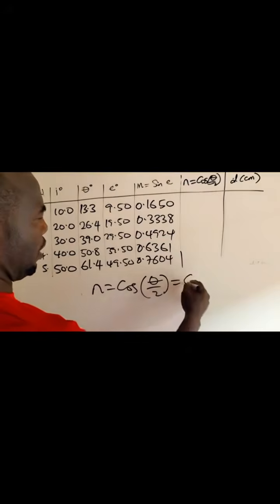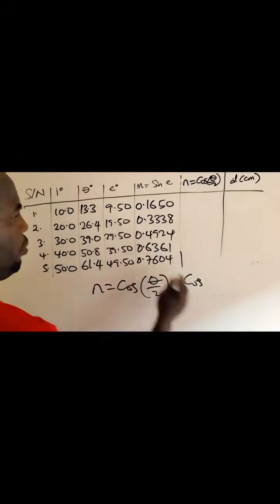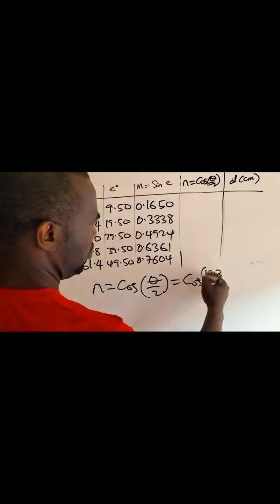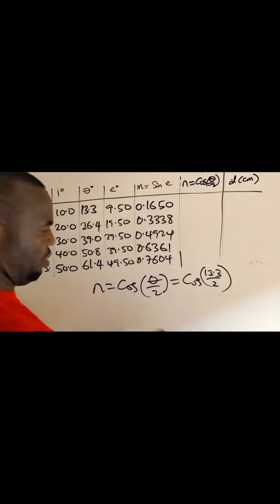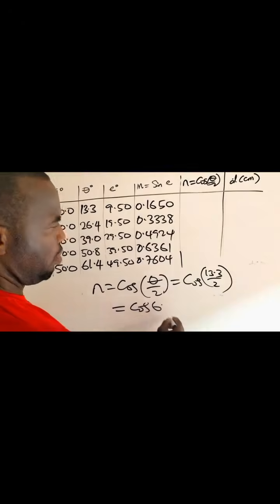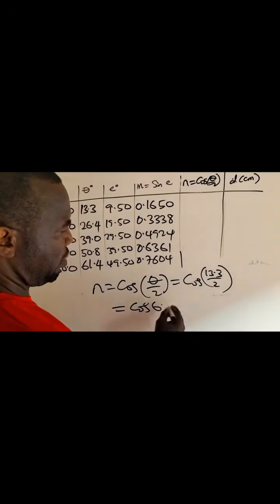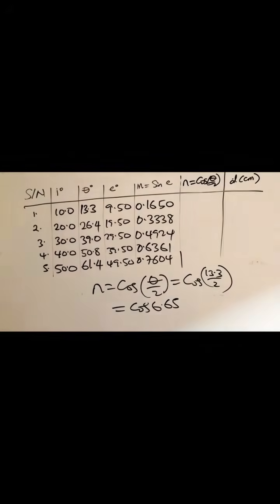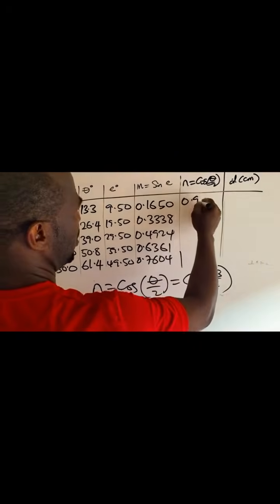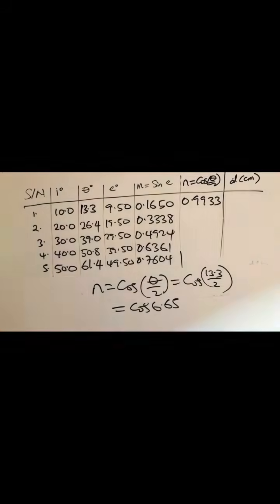So I'll replace theta with 13.3 over 2, which is 6.65, and find cos 6.65. If I do that, I'll be getting 0.9933. So you do that, and repeat for the second one.